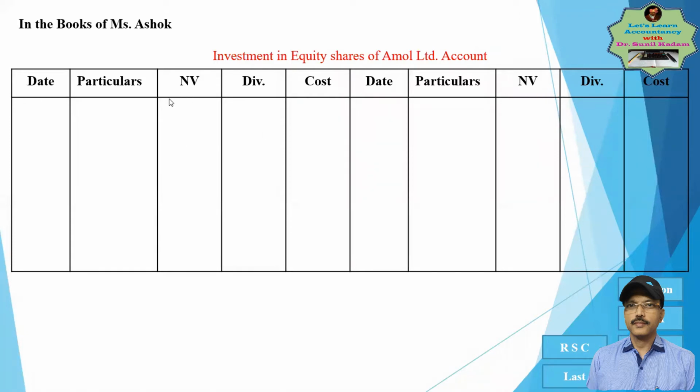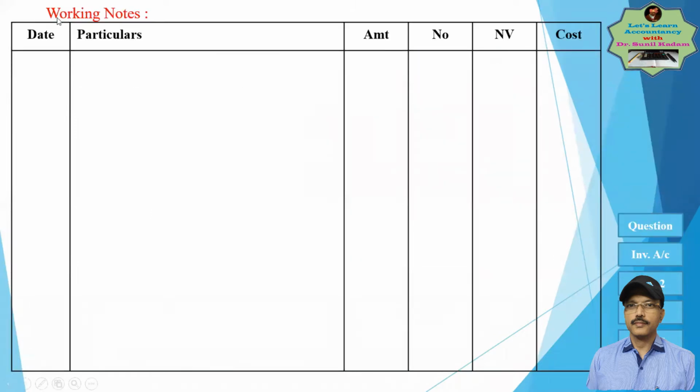For recording transactions in this ledger, we require some working notes. So we will prepare the working note on this slide, in the usual manner. The same columns are there: date, particulars, amount, number, nominal value, and cost. Someone may ask, why is this much working note needed? Because, as you might have learned in the last two sums, whenever there is a sale, we have to work out the profit or loss on the sale.